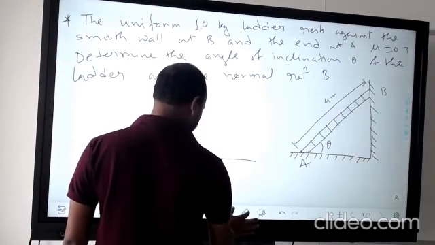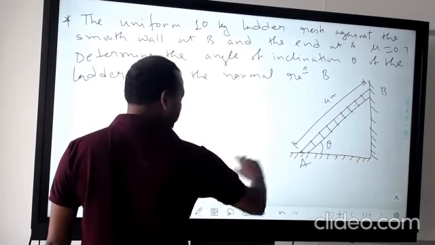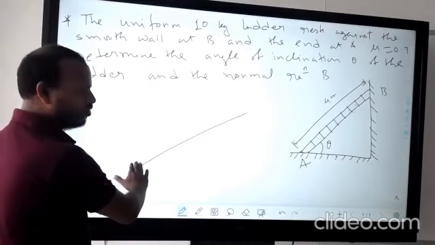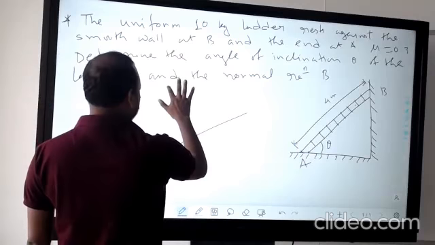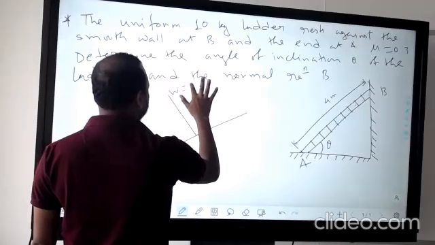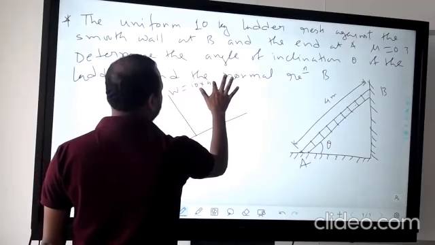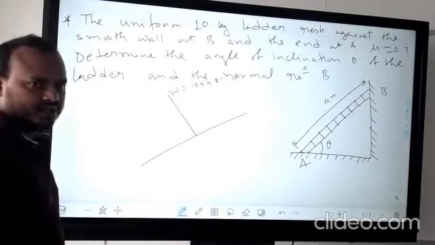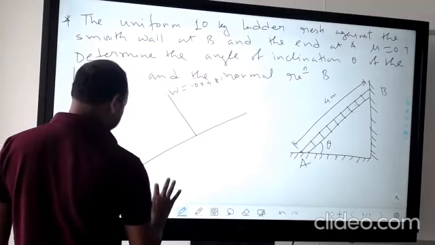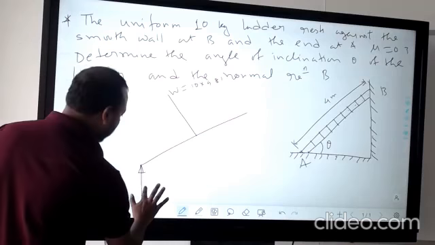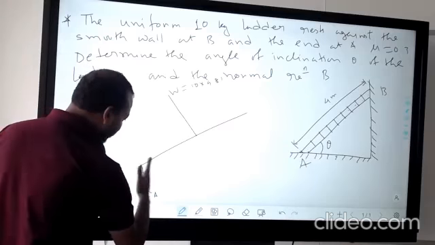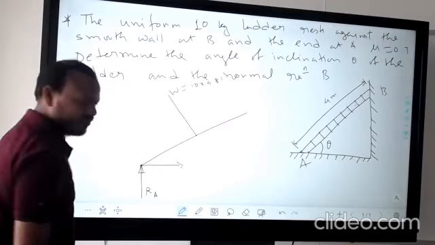Let's say this is your plane. We don't know theta. This is your W, and that is equal to 10 into 9.81. Clear? There will be some reactive force, let's say that is RA here. Because of sliding, there will be some frictional force.